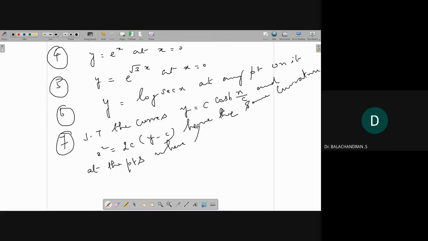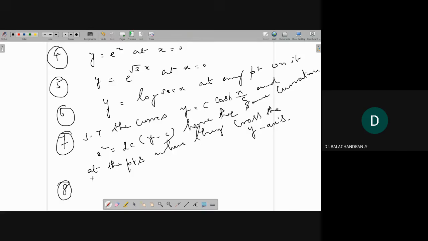Where they cross the y-axis. Okay. I think these four problems are enough for practice now. Okay, one more problem, 8.